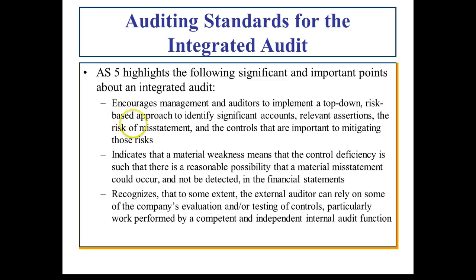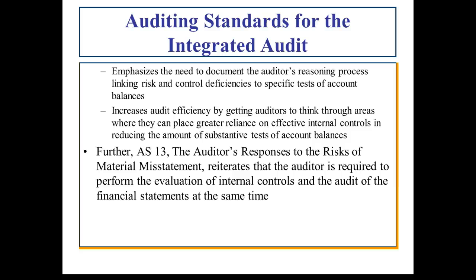Also, this standard recognizes that external auditors can rely on some of the company's evaluation or testing of controls. The internal audit function really is responsible for independently testing to make sure those internal controls are operating. We're supposed to, as auditors, document the process of looking at our risk and control deficiencies.